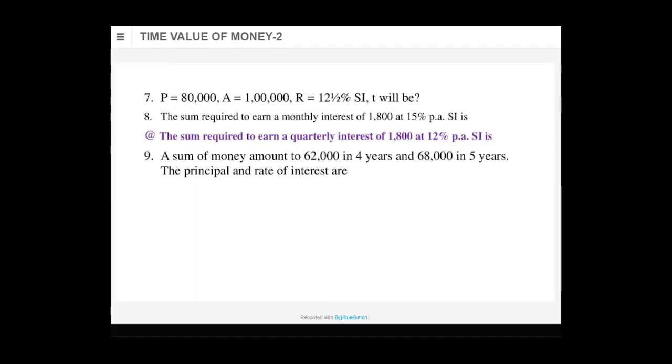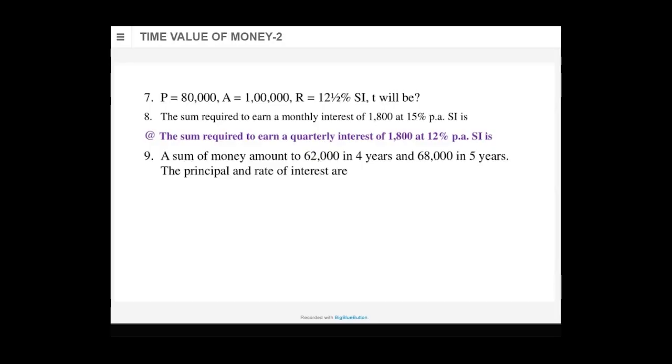Quarter is 1/4. 12 into 1/4, 3 months. Year is 12 months. Quarter is 1/4, 3 months, not 4 months. Quarter is 3 months. Yes, answer should be 60,000 for that at the rate.